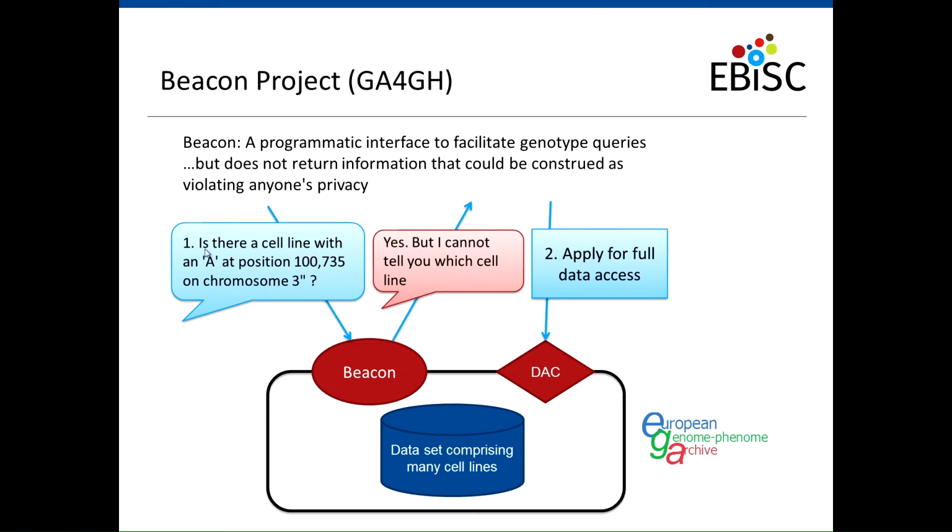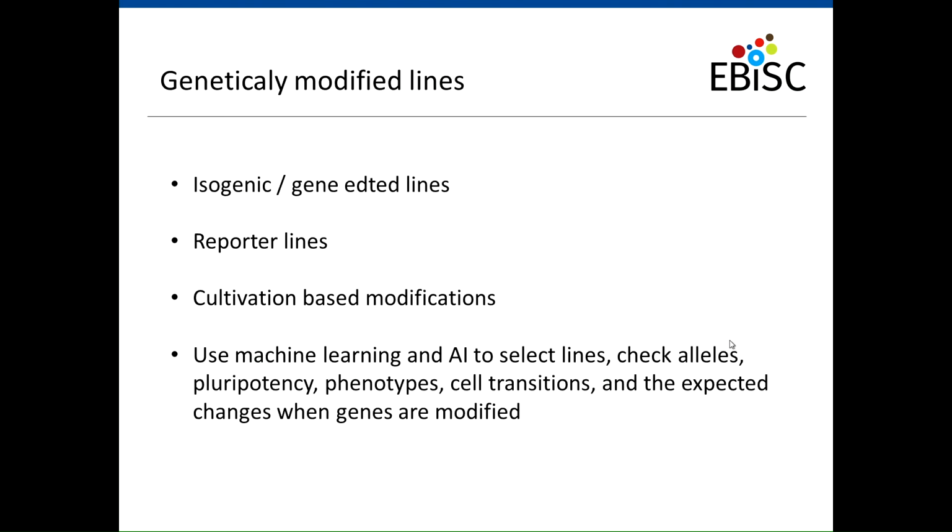So basically, the question is: is there a line with a certain mutation on chromosome 3? Yes, but we cannot tell you which line it is. This is very unsatisfactory. You can only get this information once you have approval from a data access committee. So I will not discuss that further.